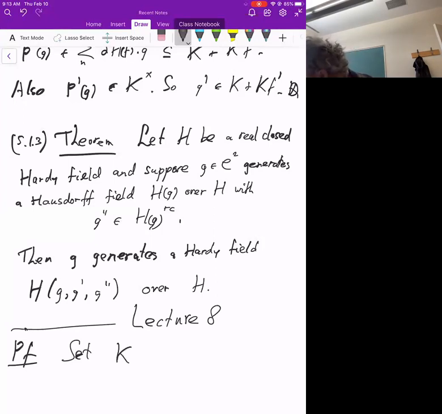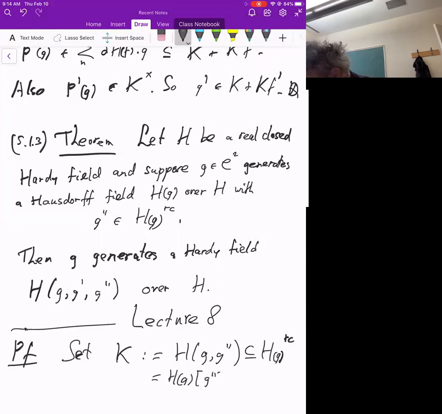introducing the following Hausdorff fields. H, G, G double prime, which is contained in the real closure of H, G. Since G double prime is in this real closure, once you join it, it's still, of course, a Hausdorff field, which is also equal to, since G double prime is algebraic over HG, this is of course the same as the ring generated by G double prime over HG.